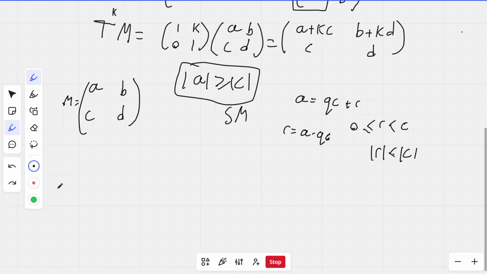So now what we can do is apply T to the minus Q to M. What are we going to get?